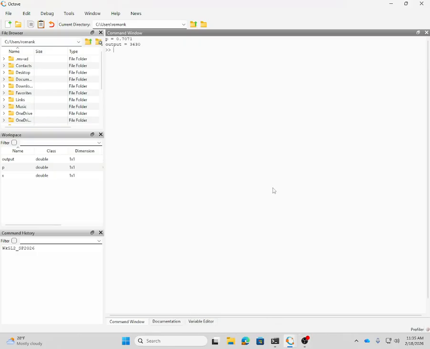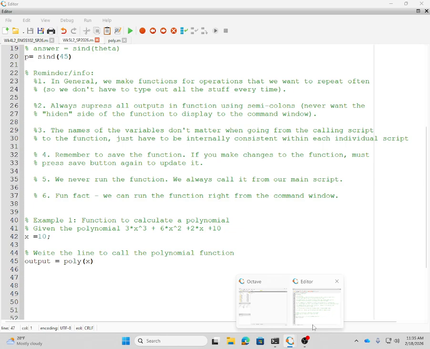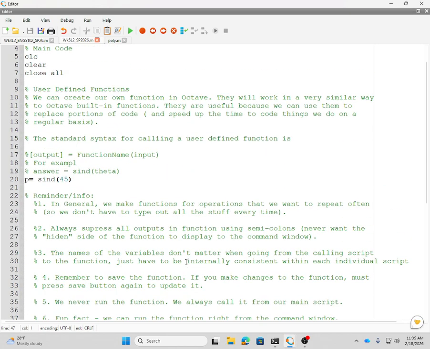Why does it say P equals 0.70? Oh, the P, remember we had defined sine up top? That was to show you sine 45. Any question?